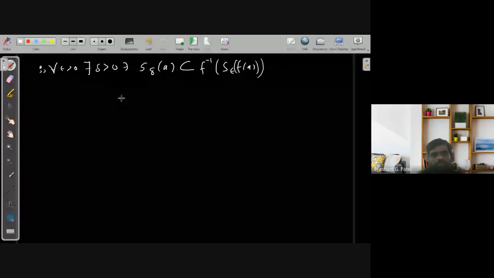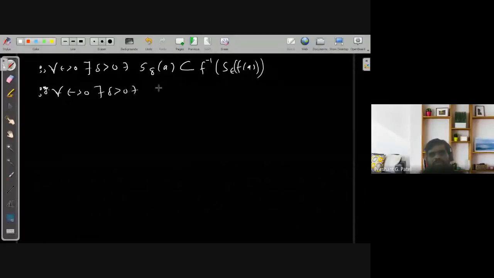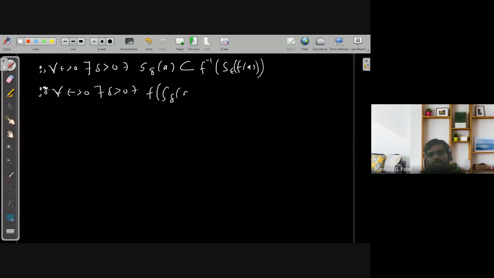Therefore, for every epsilon greater than 0, there exists a delta greater than 0 such that f of S delta of a is a subset of S epsilon of f of a.